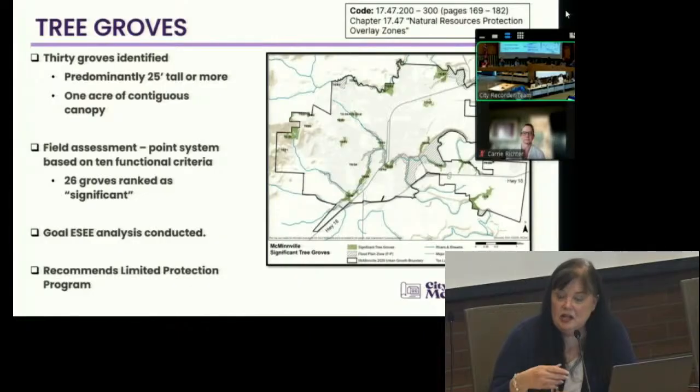Let's have that discussion now before we get into a public hearing process. And so we did have that discussion with a couple of different property owners who brought in information to us suggesting that the way we scored things was inappropriate, or they just didn't want it as part of the tree grove protection program. Based on that, we did remove one tree grove from the overall list of inventory that we were bringing to you.